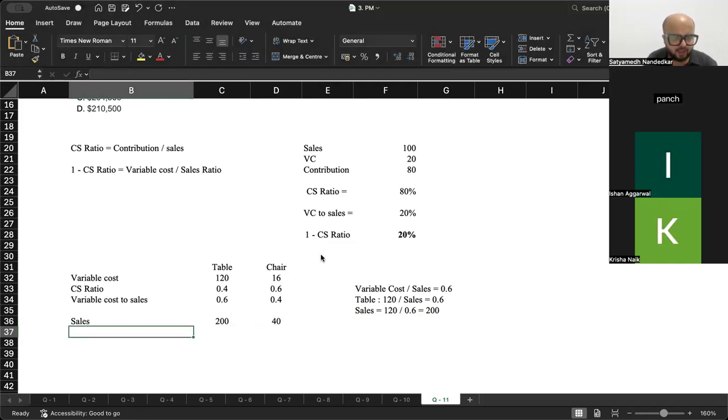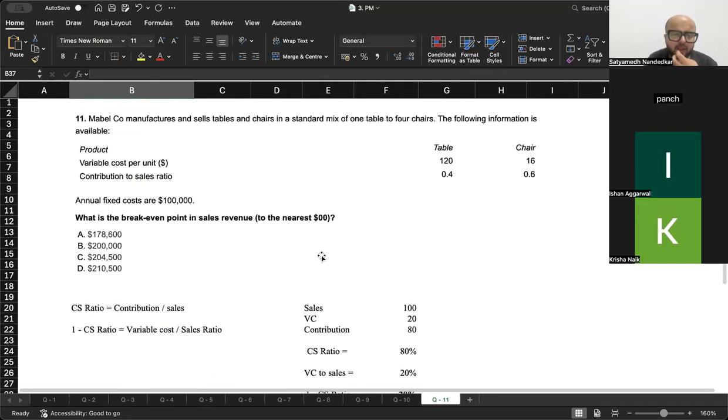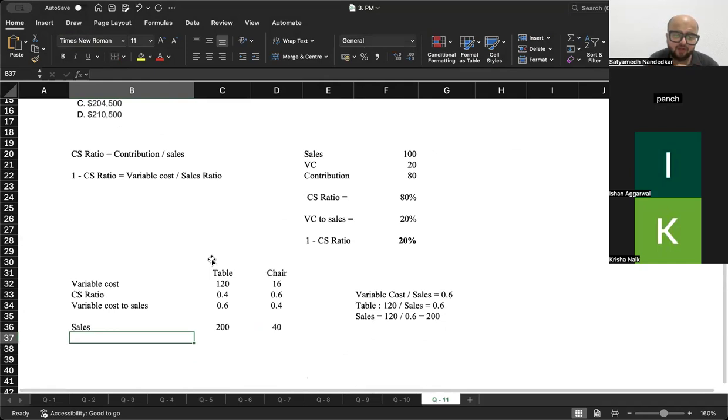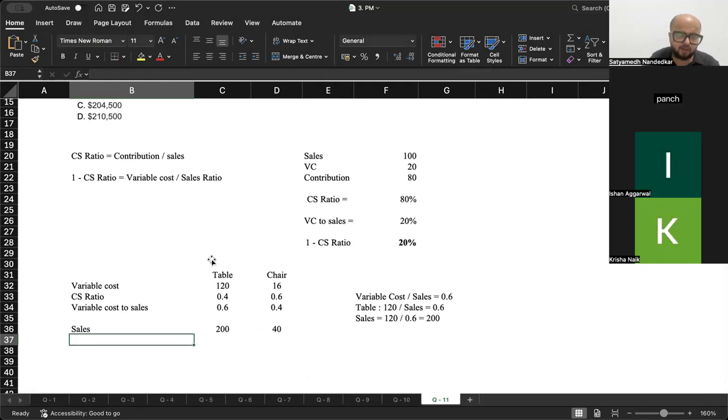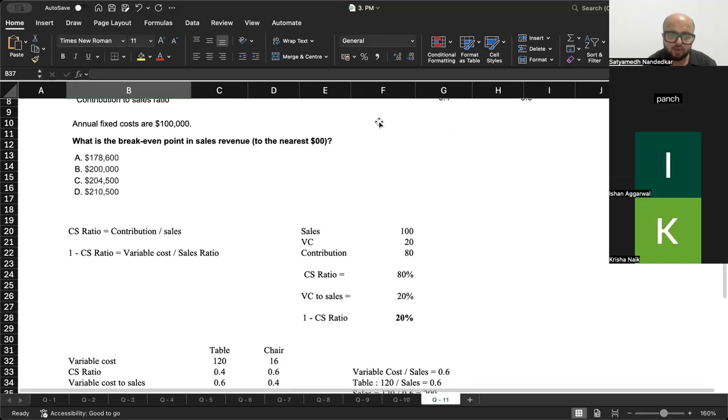So what have we been asked? They have asked us break even point in sales revenue. So I have my CS ratio and I have everything. Annual fixed cost is 1 lakh. I need my weighted average CS ratio. How many units? The standard sales mix is 1 table to 4 chairs.